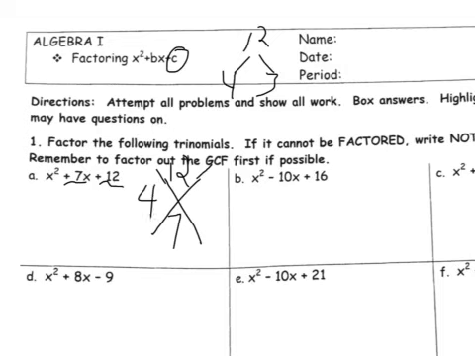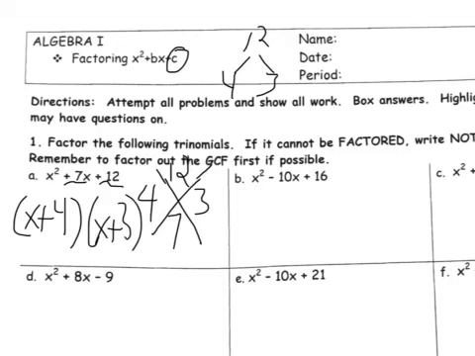So I'm going to put 4 and 3. And what you're going to find out is if I put x plus 4 and then x plus 3, this binomial will expand, if I multiply it out, and turn into this quadratic. You don't believe me? Go ahead and try it out and see what happens.